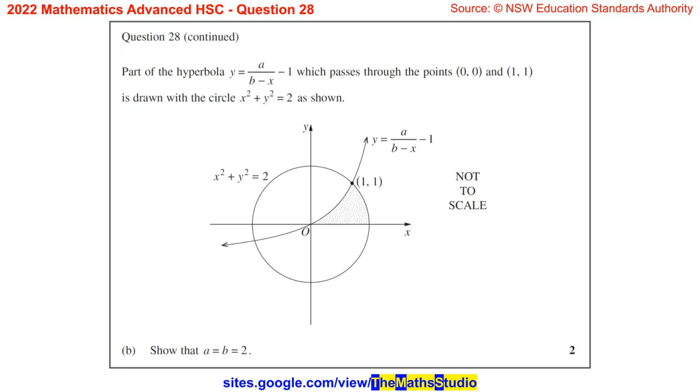Part of the hyperbola y equals a over (b minus x) minus 1, which passes through the points (0, 0) and (1, 1), is drawn with the circle x squared plus y squared equals 2 as shown. Part B. Show that a equals b equals 2.